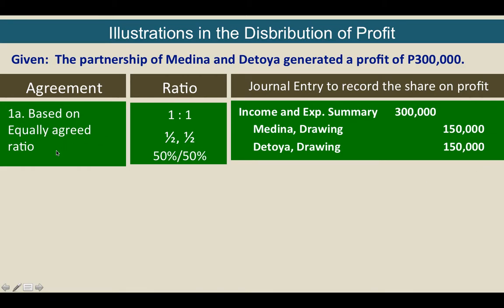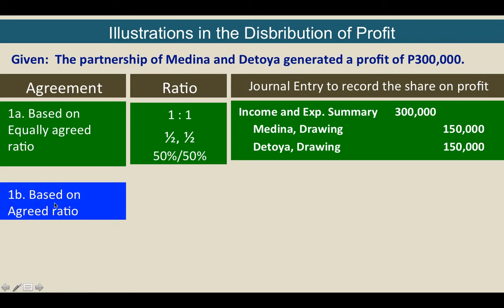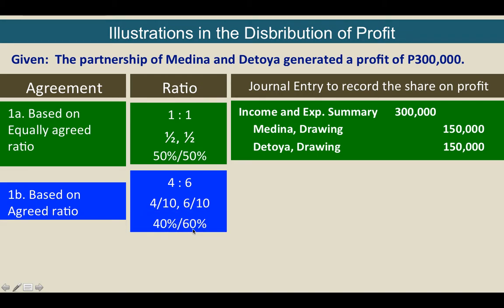Because that's the agreement. And the next one is based on agreed ratio. Okay, we will assume that the agreed ratio is 4 is to 6. So in a fraction, it will be 4 over 10 or 6 over 10. They are the same. Or it can be 40% and 60%.